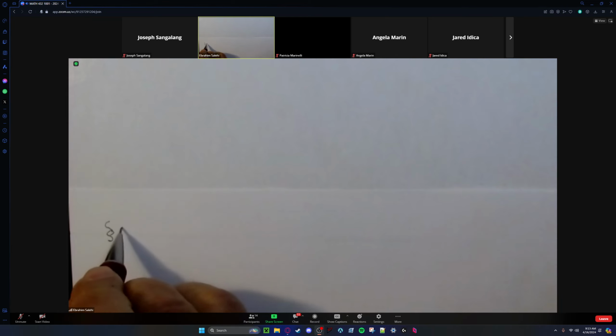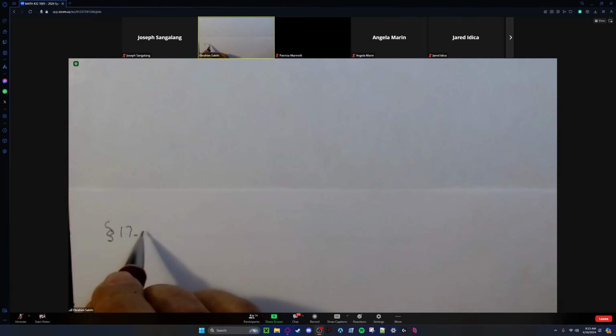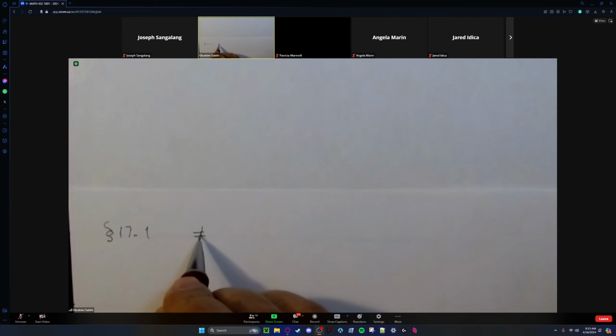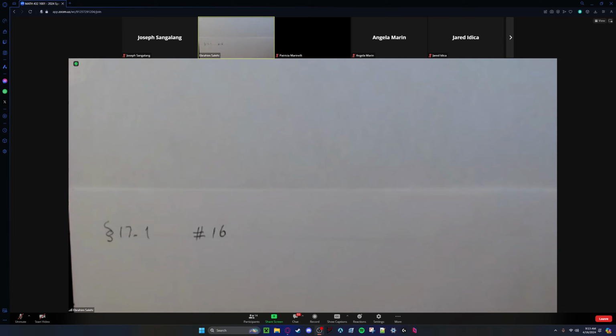17.1, number 16. It says, sketch or graph the given region and its image under the given mapping.